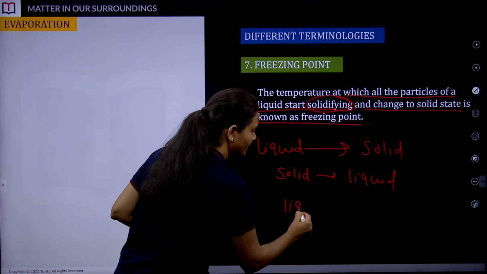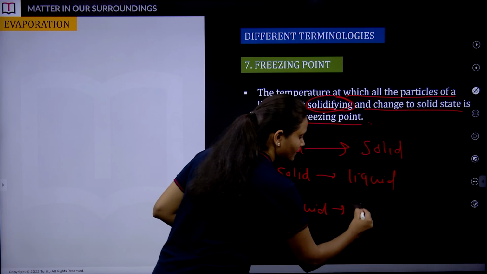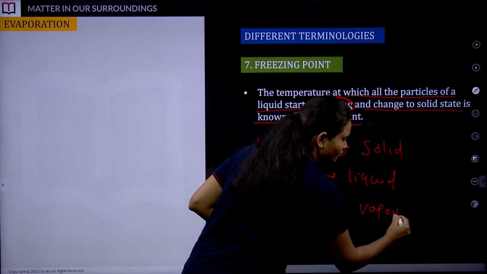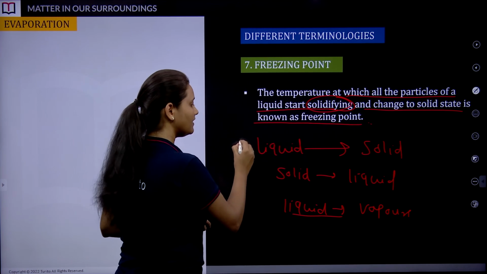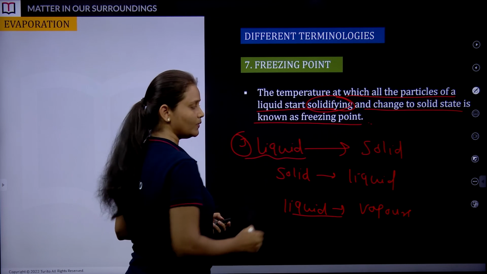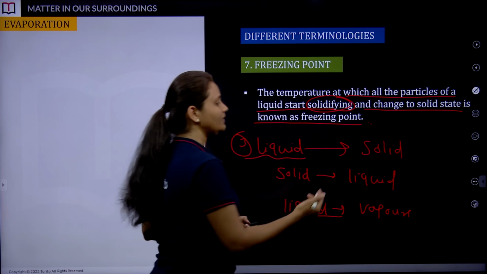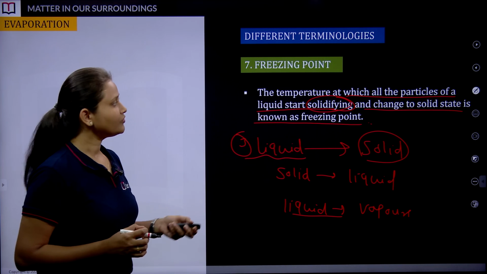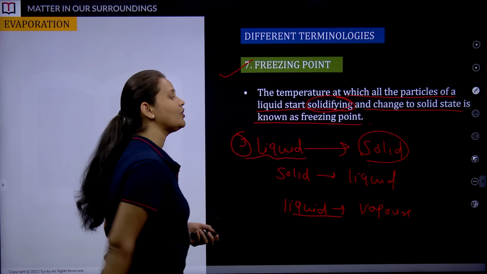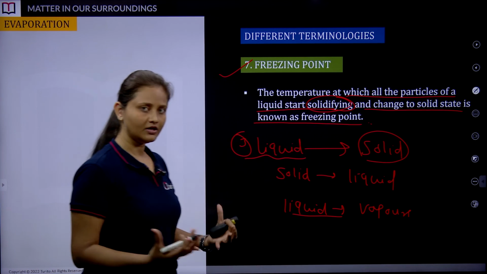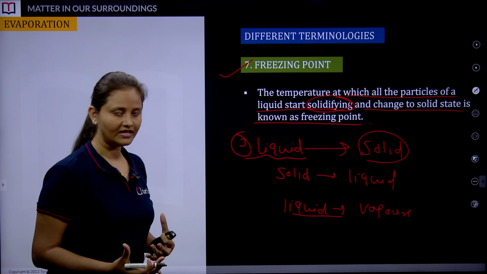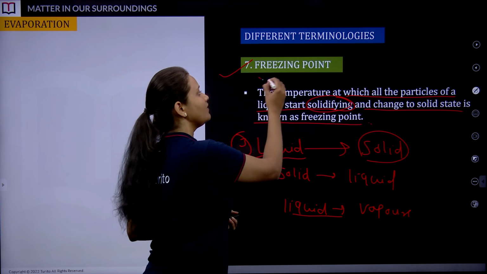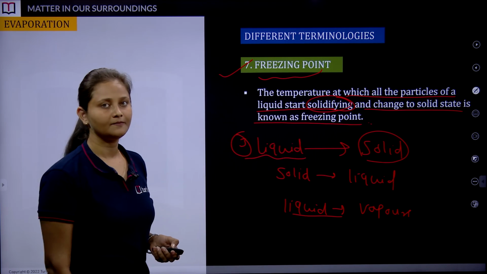Now from liquid we have seen the vapors or gaseous state of the substance, that was boiling. Thirdly, when we have liquids, how do they solidify? They solidify on freezing, correct? So the temperature at which all the liquid particles solidify themselves is termed the freezing point of the matter.